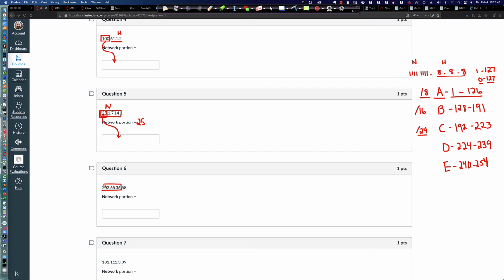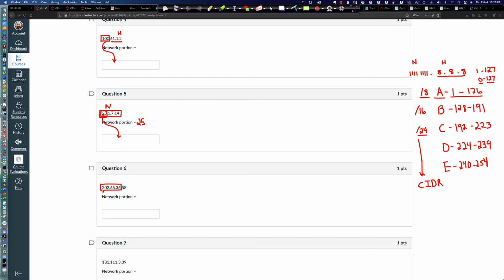So a /24, right? And that slash number notation, that is the classless interdomain routing notation, or as it's commonly referred to, CIDR, classless interdomain routing notation, CIDR notation.